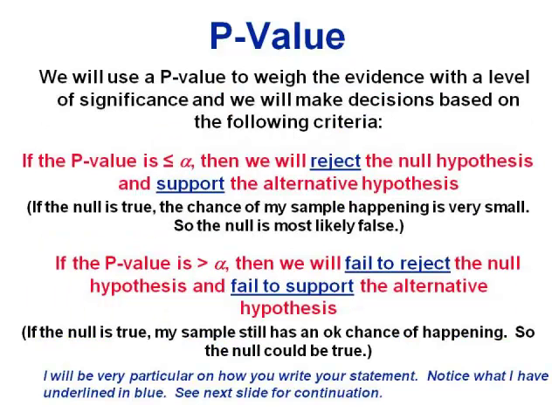So let's talk a little bit more about how the decision will actually be made. So you'll calculate this probability and then you'll compare it to the level of significance. So let's say I've said 5% is the cutoff for unlikely. So if the probability is less than that, then we'll reject the null, because that probability is telling me how likely the sample is if the null is true. So if the chance is very small, then I'm rejecting the null.